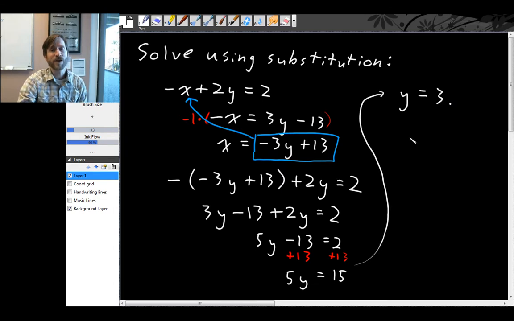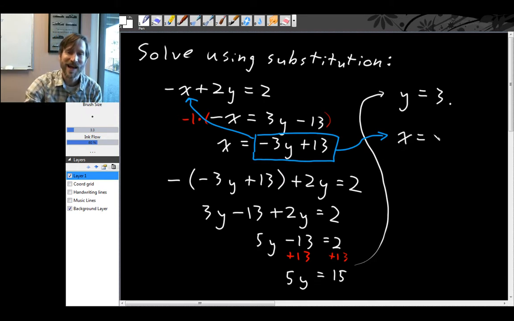All right, so now we know the value of y, but remember that solving a system of equations means that we need to find the value for y and the value for x. To find the value for x, we'll look back at this equation that we started with initially, x equals minus 3y plus 13. This can tell us what x is. All it needs is a y value. Well, now that we know the y value we want, we can put that into this equation.